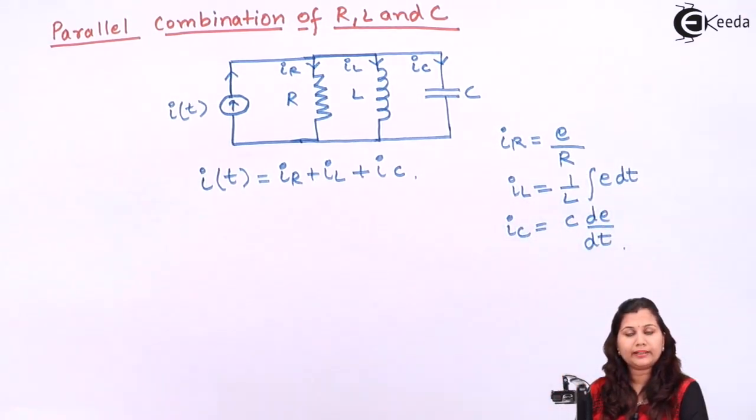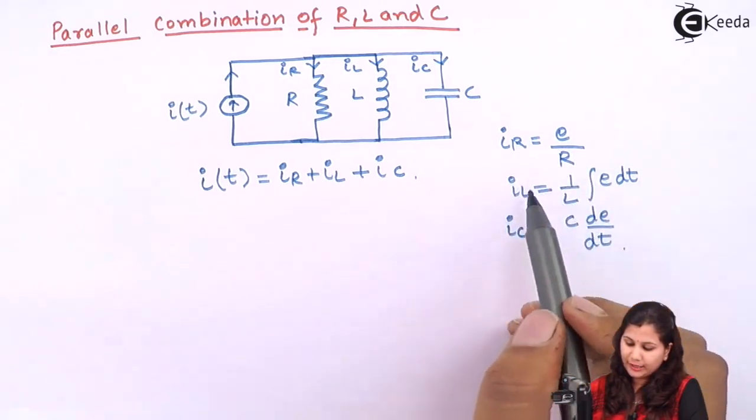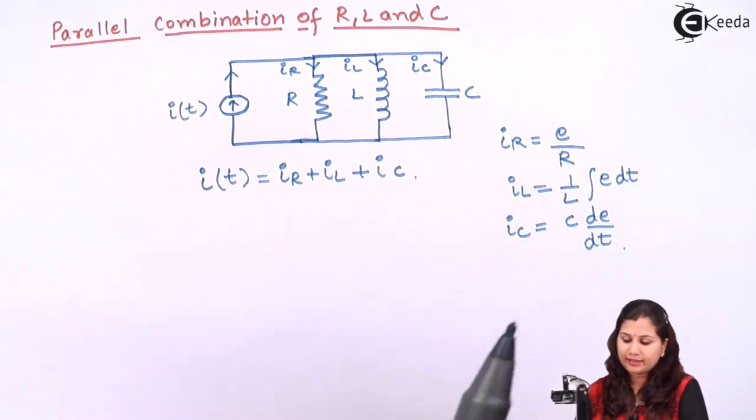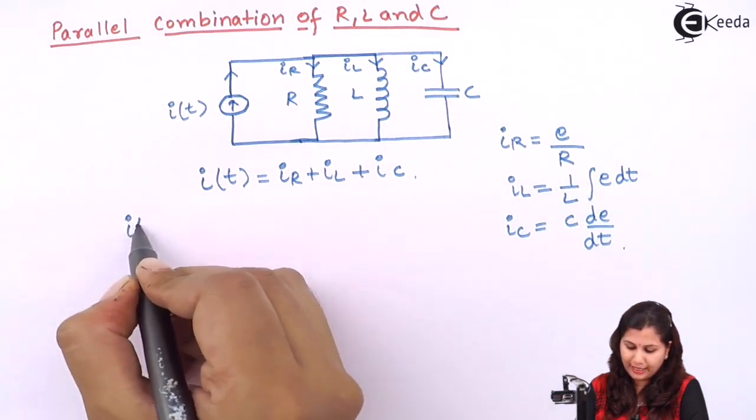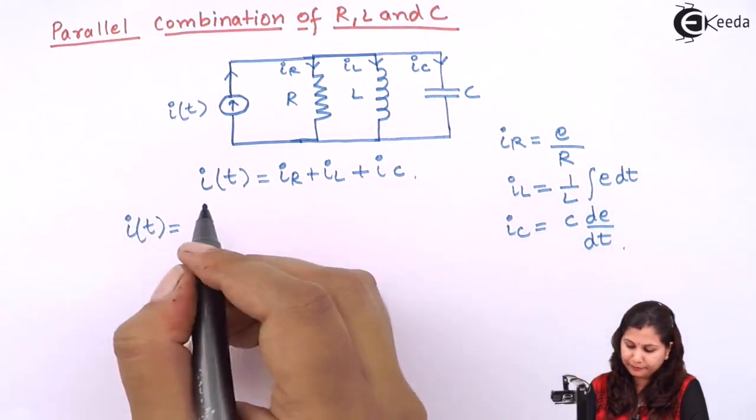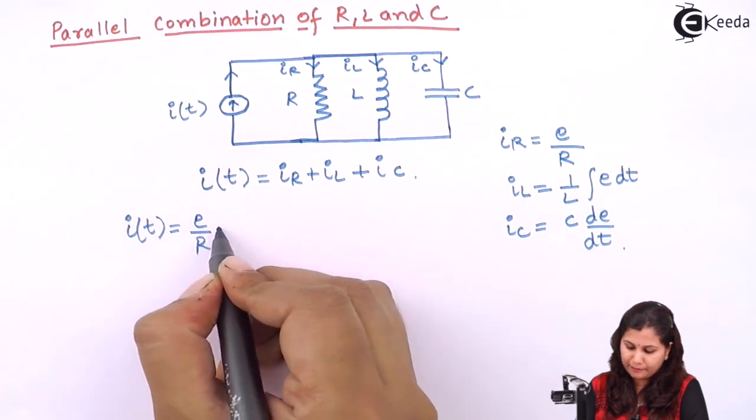We have already derived these equations earlier when we studied these three elements. So we will substitute the values of these currents IR, IL and IC in this equation. We will get IT equals to E by R plus the other two terms.